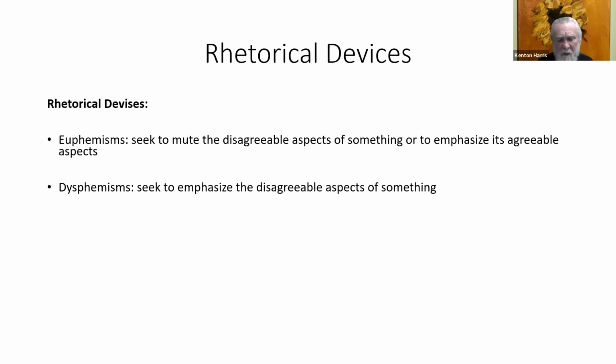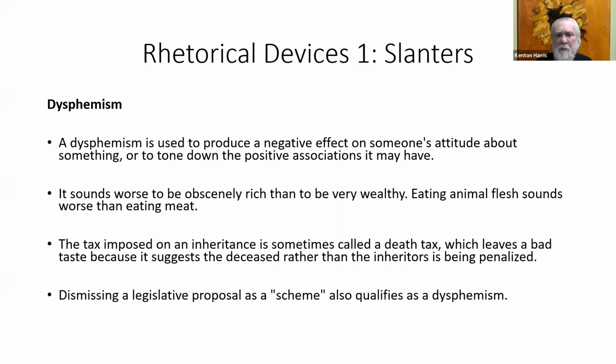But dysphemisms, coming from dysphemism, seek to emphasize the disagreeable aspects of something. A dysphemism is used to produce a negative effect on someone's attitude about something, or to tone down the positive associations it may have.